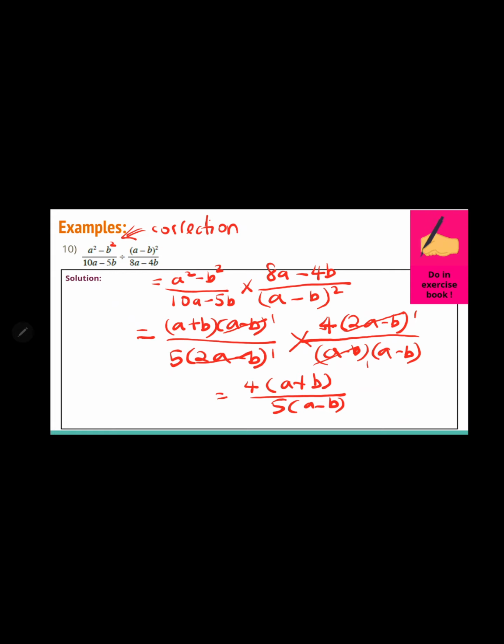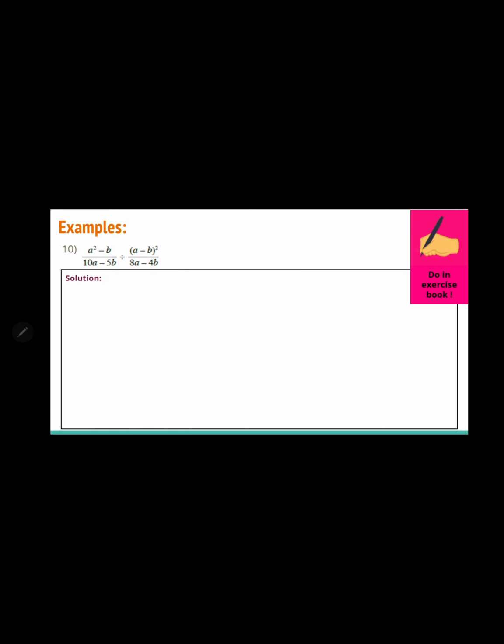Please note there is a correction here. This is actually a square minus b squared. So I write down the correction for the question. I took it from your textbook, so if you can, correct your textbook also.